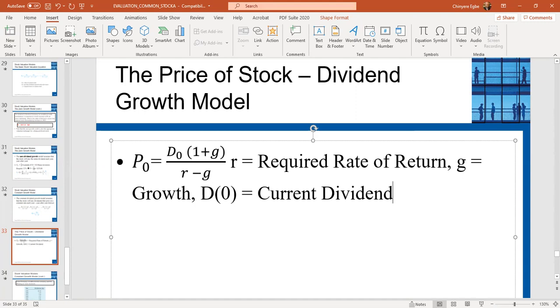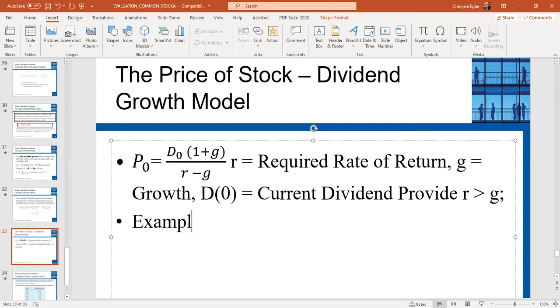Now, that dividend is expected to grow, on the condition that R is greater than G. If G is greater than R, then the formula becomes more complicated and we don't deal with that formula at this level. So let us now look at an example.